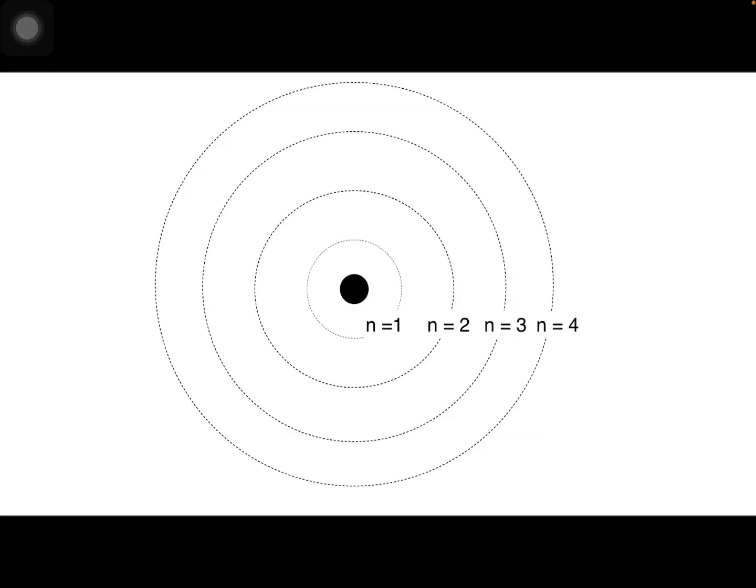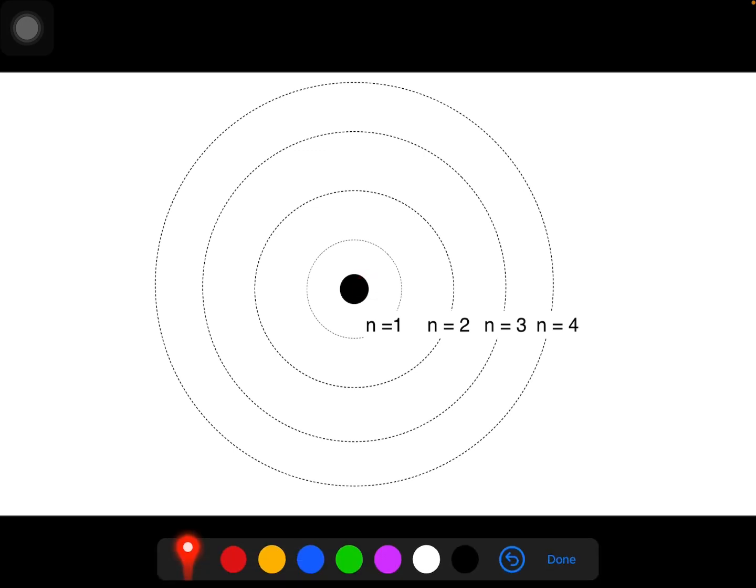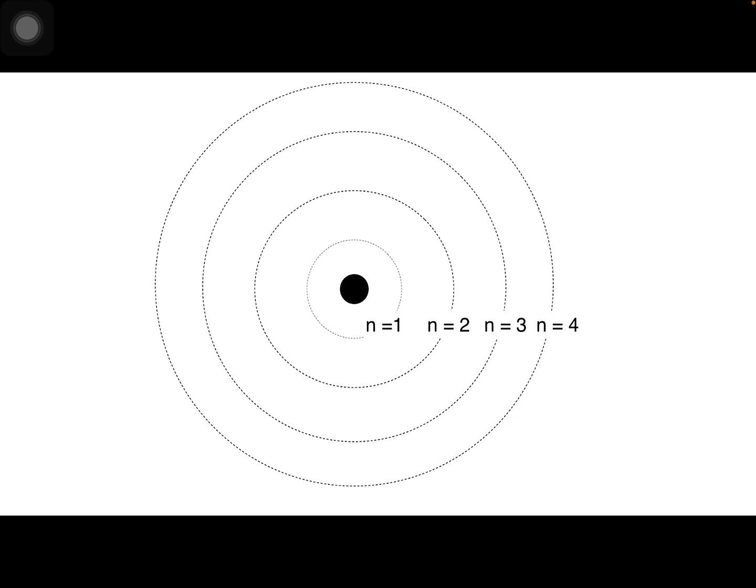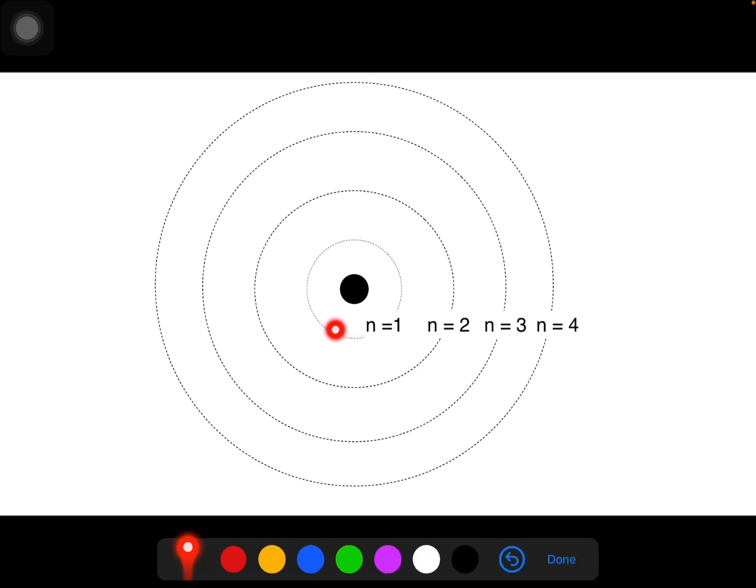Okay, now let's have a look at this figure. Okay, so ini yang hitam ni adalah nucleus, and n equals to 1, the first energy level, n equals to 2, 3, 4. Okay, so itu adalah dia punya energy level. Okay, let's say elektron daripada n equals to 1 ni.